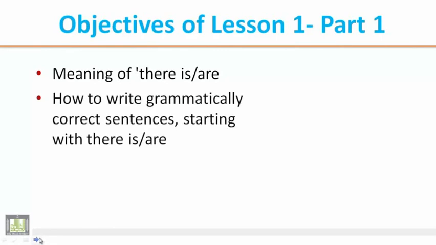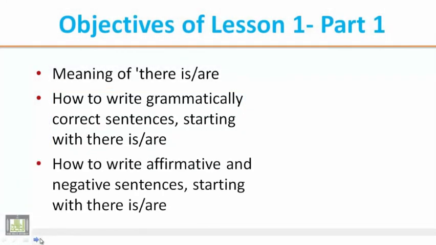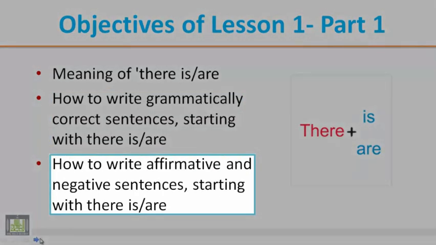The next objective, الهدف الثاني, is to tell the students how to write grammatically correct sentences starting with there is or there are. والهدف الأخير, and the third objective, is to let students know how to write affirmative, which means الجمل المثبتة, and negative sentences والجمل المنفية starting with there is and there are.